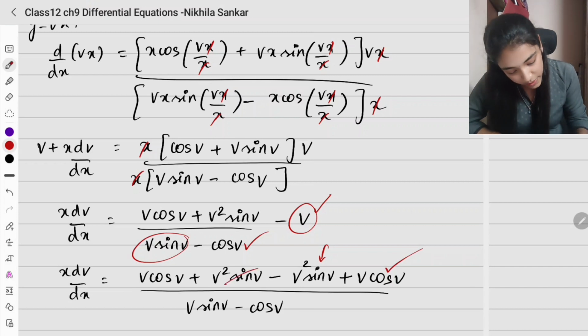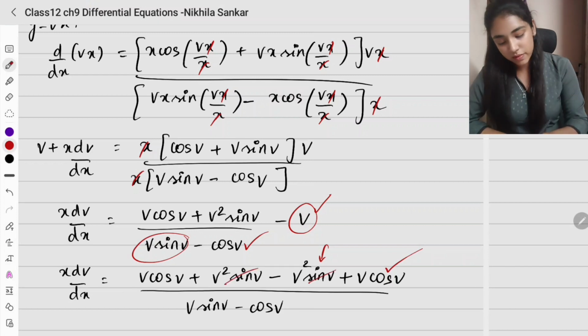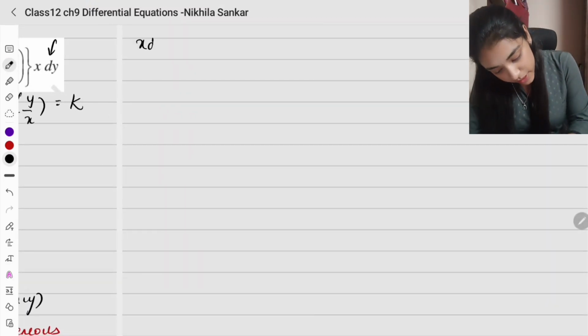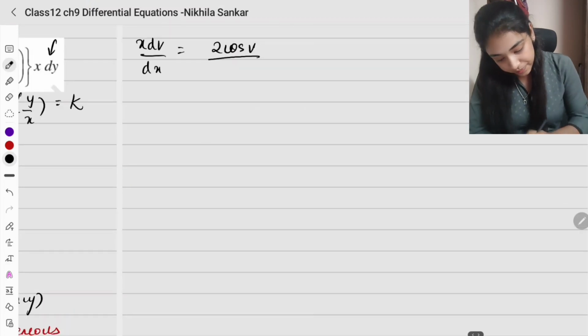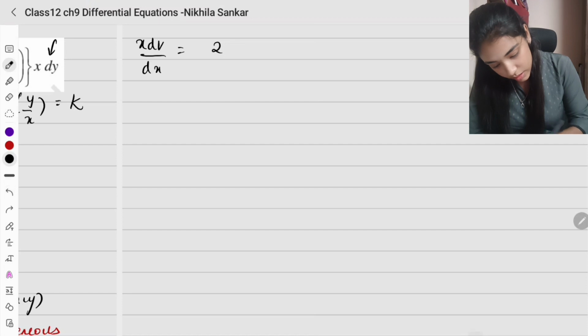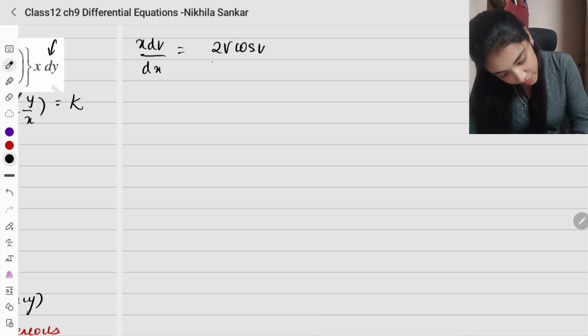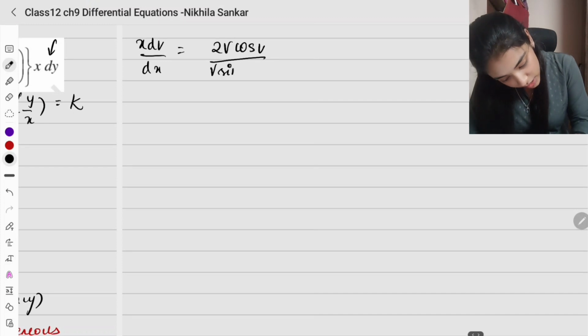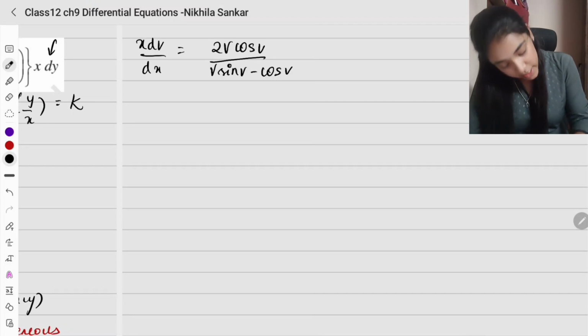So in the numerator, v square and v square get cancelled. v cos v becomes 2v cos v. So x dv by dx equals 2v cos v divided by v sin v minus cos v.